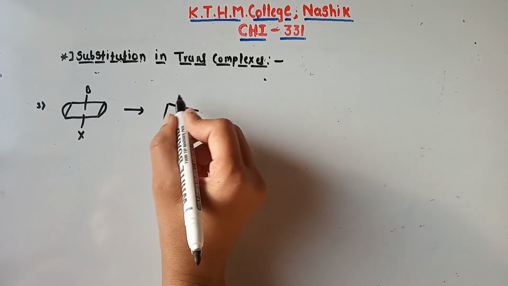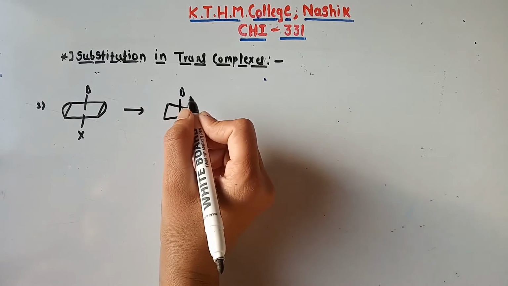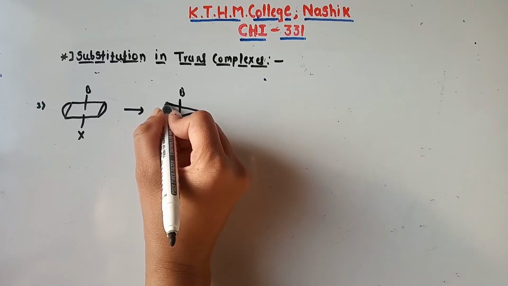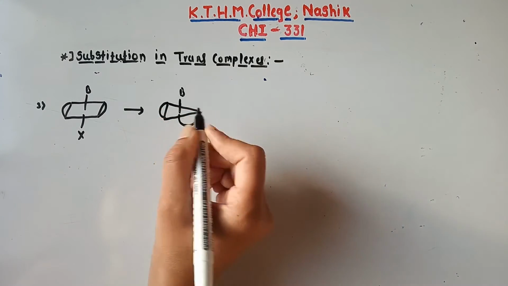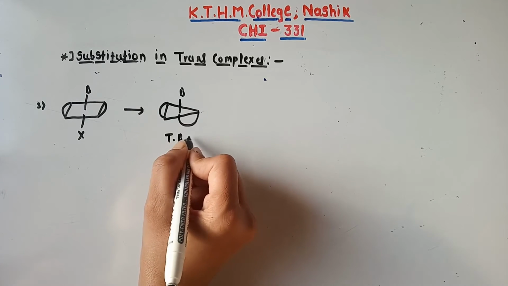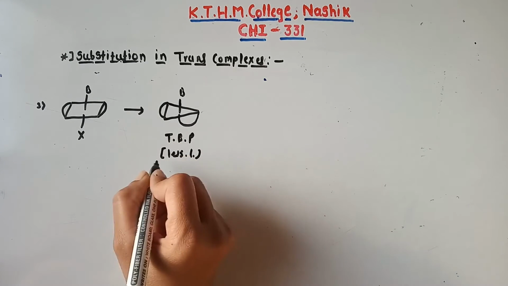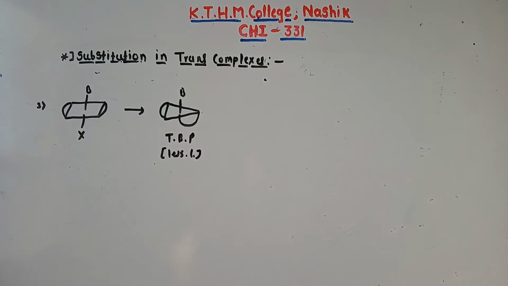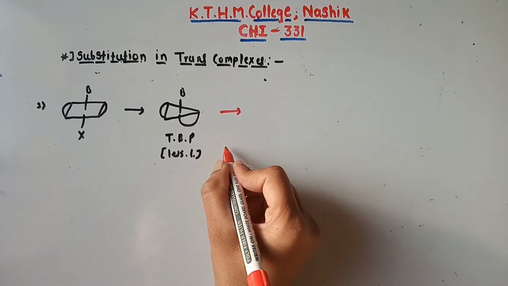We get a trigonal bipyramidal intermediate when B is at the axial position and when X is dissociated from such a complex, or from such geometry. This is your trigonal bipyramidal intermediate, but it is a less likely possibility. Okay. In this case, there are again two possibilities of product.